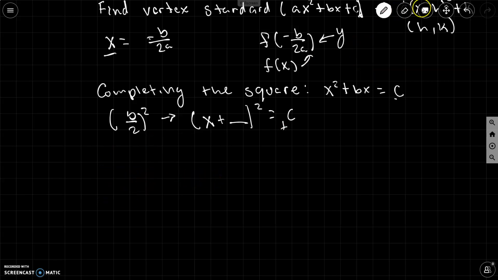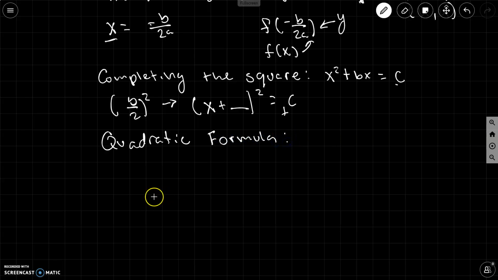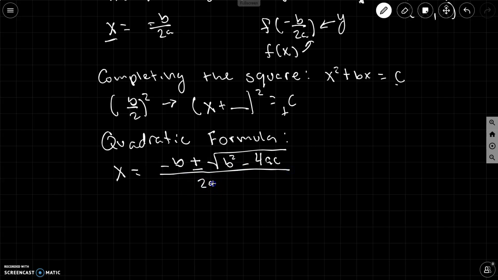Now, the most important one, the fail-safe when solving quadratics, is the quadratic formula. The quadratic formula: x equals negative b plus or minus the square root of b squared minus 4ac, all over 2a.